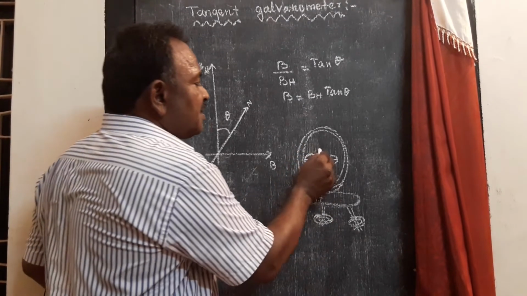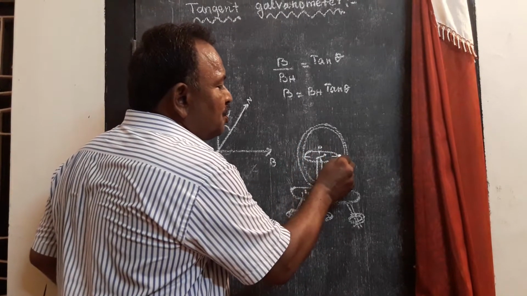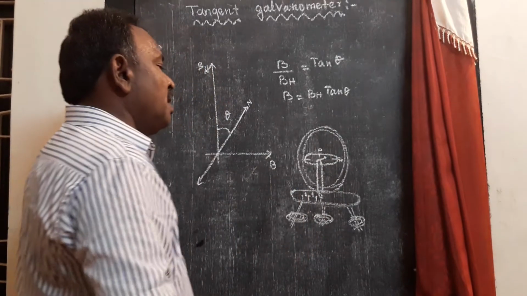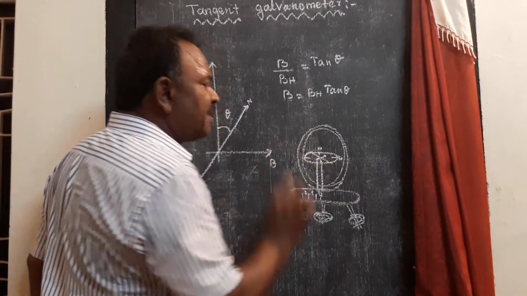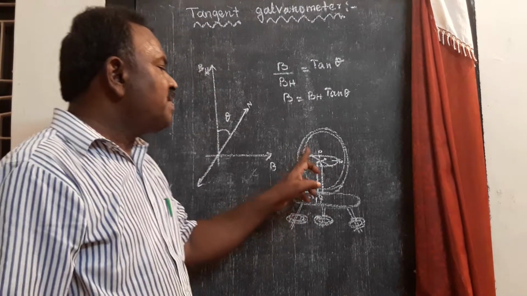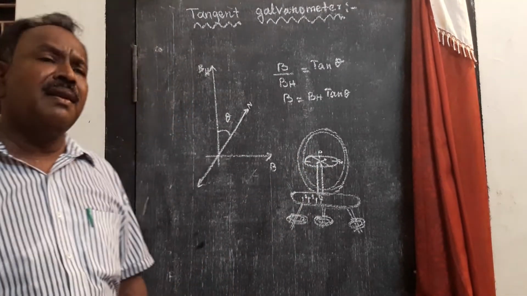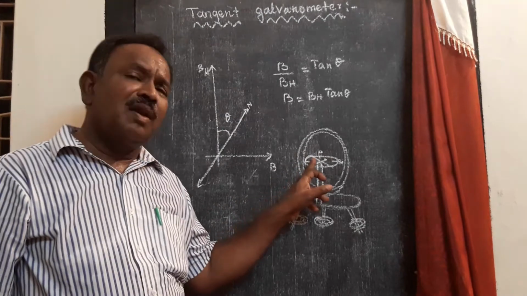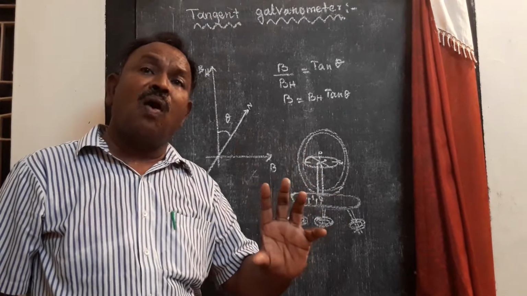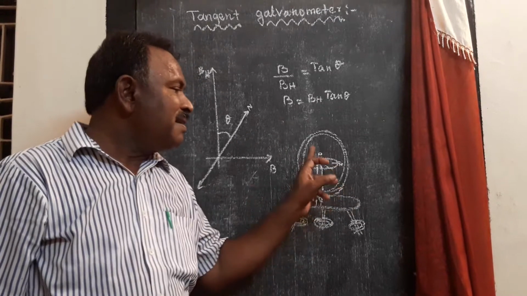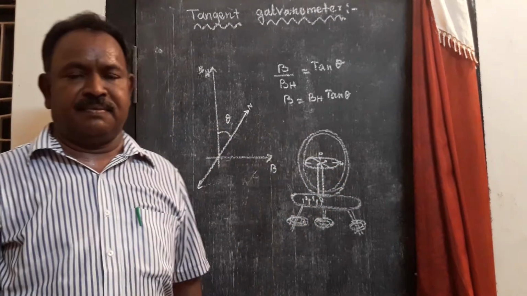Each quadrant reads from 0 to 90. A long aluminium pointer is connected to this magnetic needle. So from the position of the magnetic needle or from the position of the aluminium pointer, we can measure to what angle that magnetic needle gets rotated.